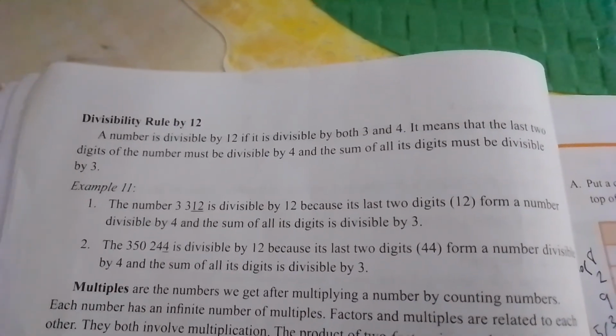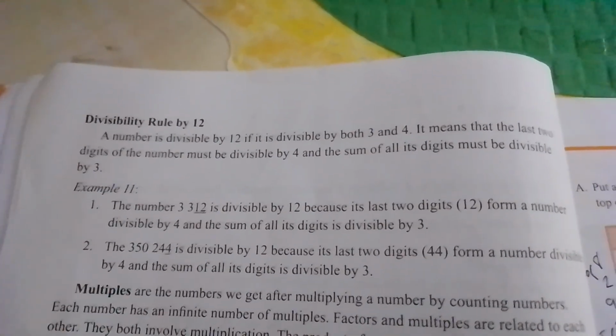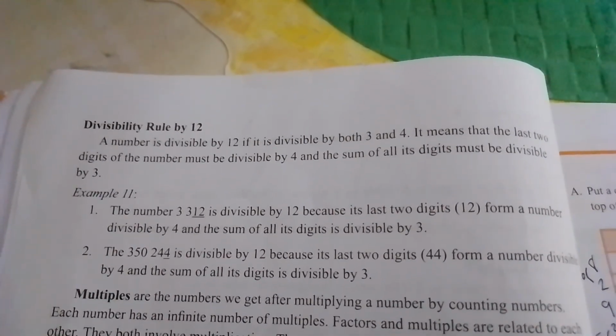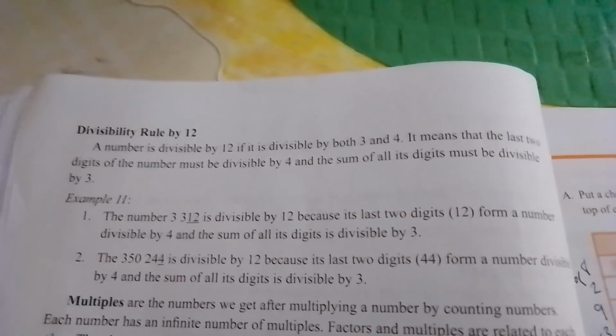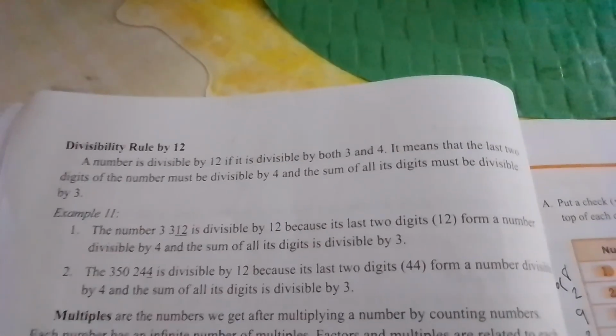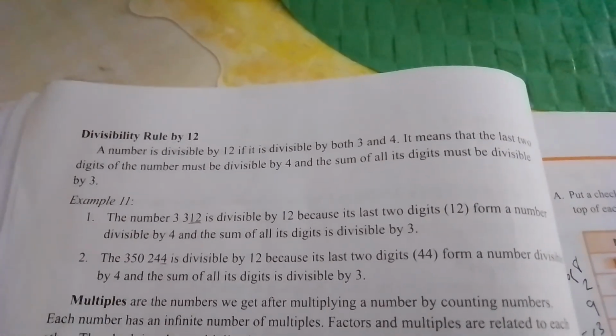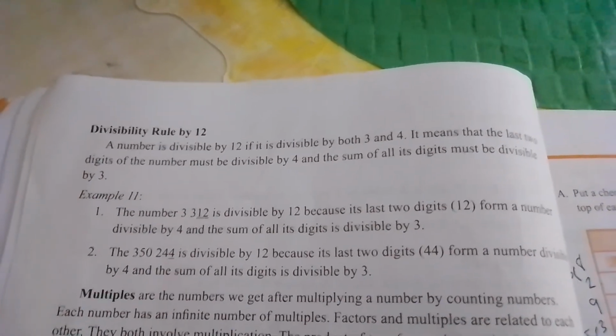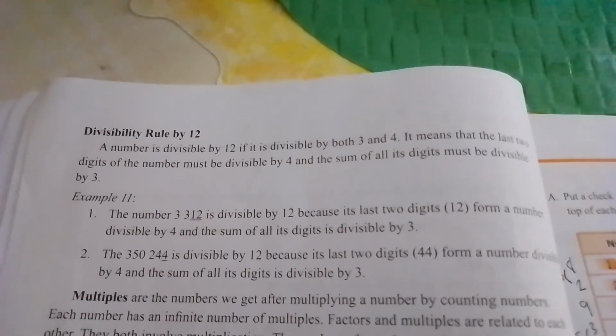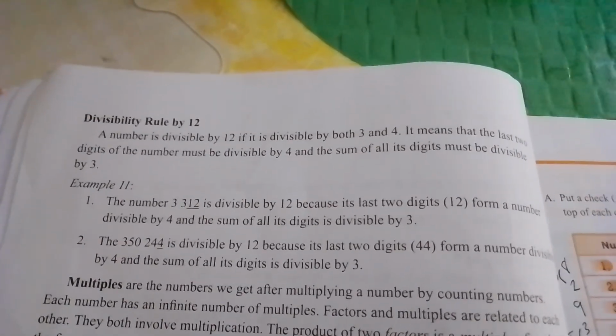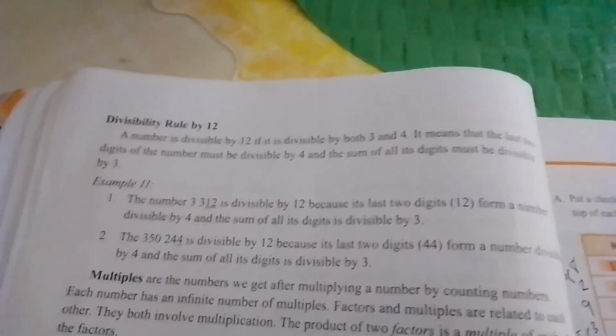Divisibility rule of 12. A number is divisible by 12 if it is divisible by both 3 and 4. It means that the last 2 digits of the number must be divisible by 4 and the sum of all its digits must be divisible by 3.